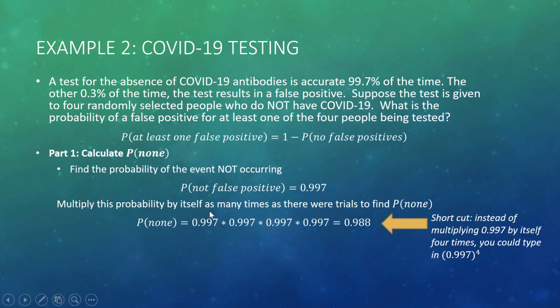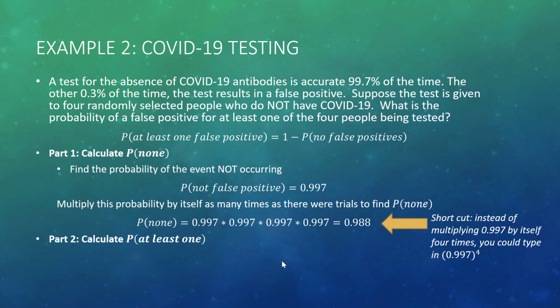So instead of expressing it as a multiplication problem, a mathematical shortcut is to raise the number 0.997 to the 4th power. And 0.997 to the 4th power is equivalent to multiplying by itself 4 times. So we will be using this shortcut in subsequent problems.